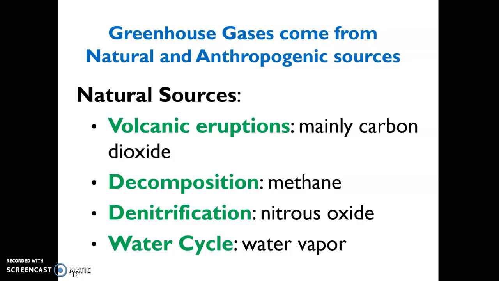For example, when Mount Pinatubo exploded and erupted in 1991, there was a lot of ash that went into the atmosphere, and a lot of CO2. But the overall effect was that the temperature decreased only by 0.5 degrees centigrade, and that's 0.9 degrees in Fahrenheit.